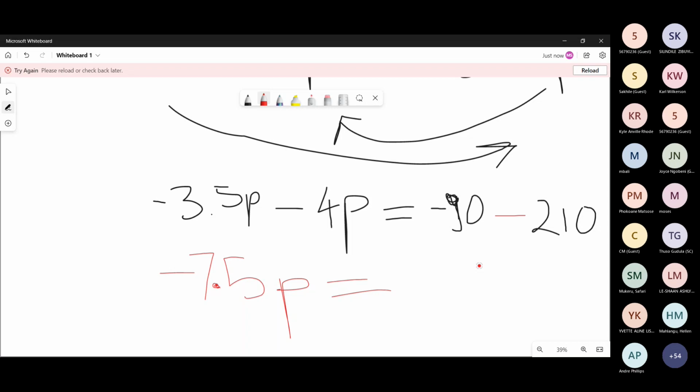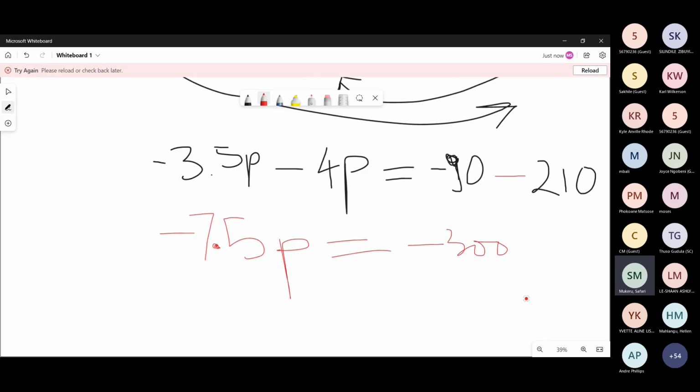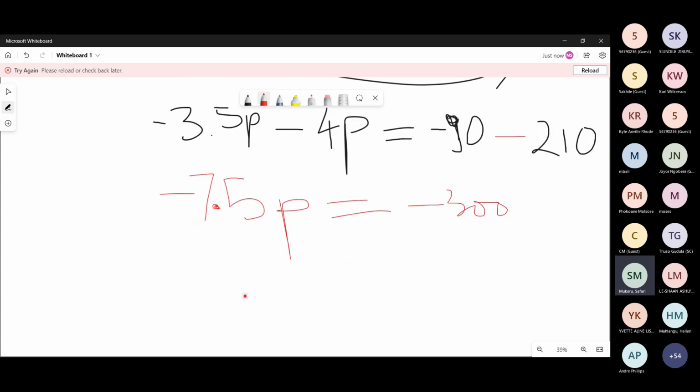Minus 300. It's like you owe 90 rand and you owe another 210 rand, so you owe 300. That's how I teach my children how to add negative numbers. You're simply adding a debt. You borrow 90, you borrow 210, so you have borrowed 300.